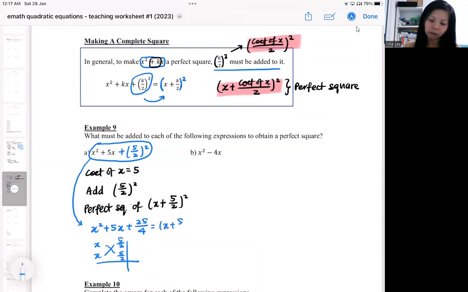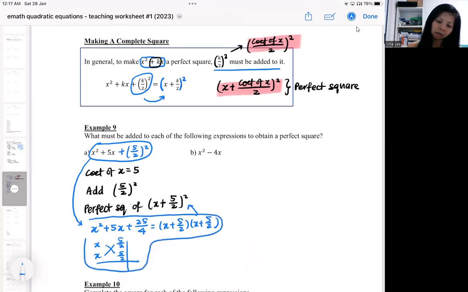You find that you actually get this double bracket, which essentially is the perfect square. So that is what happened. When you add the coefficient of x over 2, squared, you can make it into a perfect square. So we cut short the factorization. We actually don't need to show this part. This part is just the thinking.